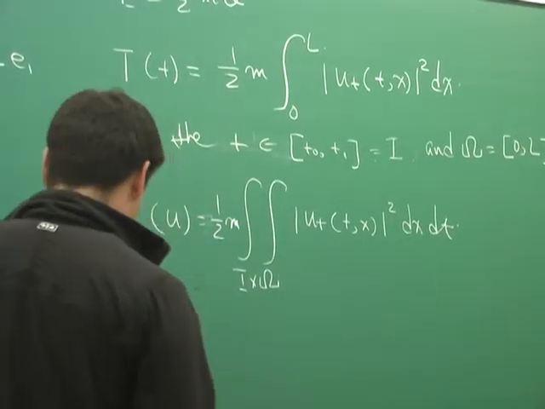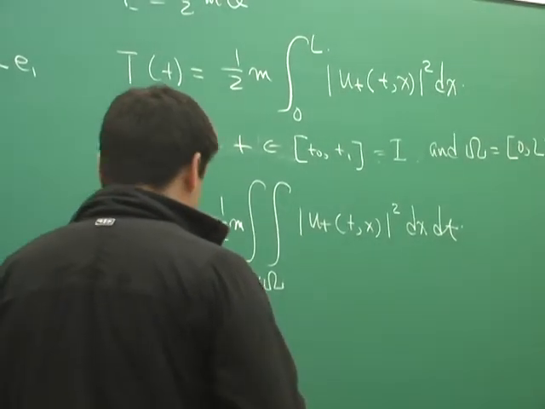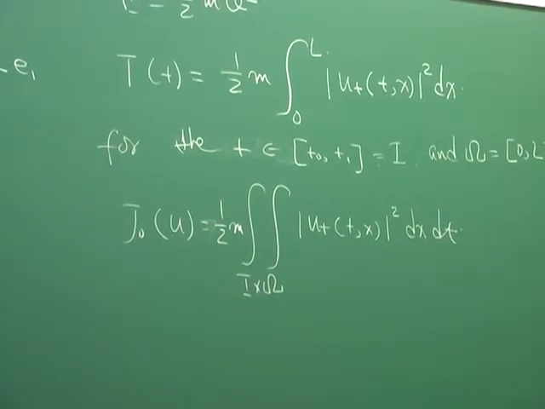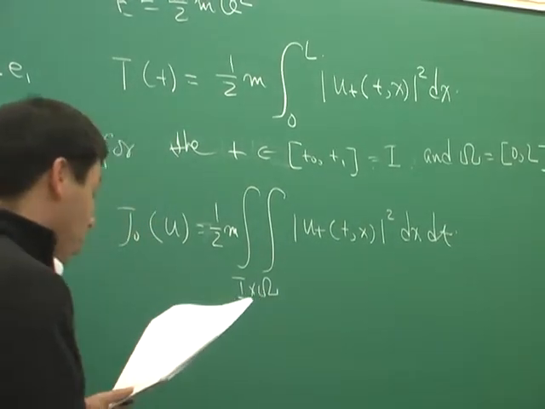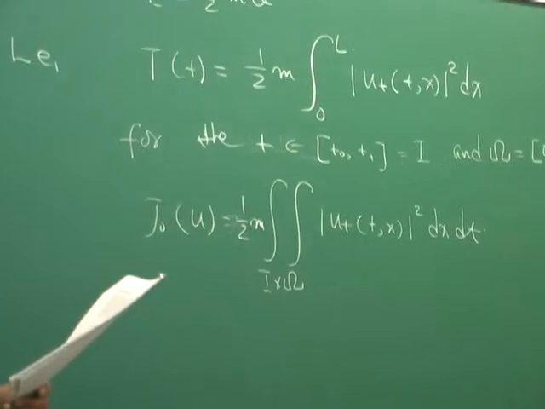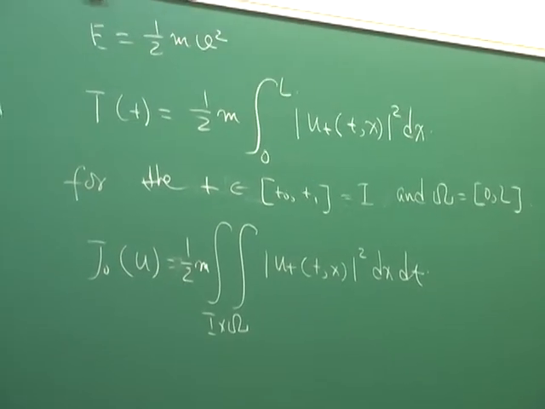And as for the potential energy, he used Hooke's law, where it says that the potential energy in a small piece of string is a function of the degree that the string has been stretched.